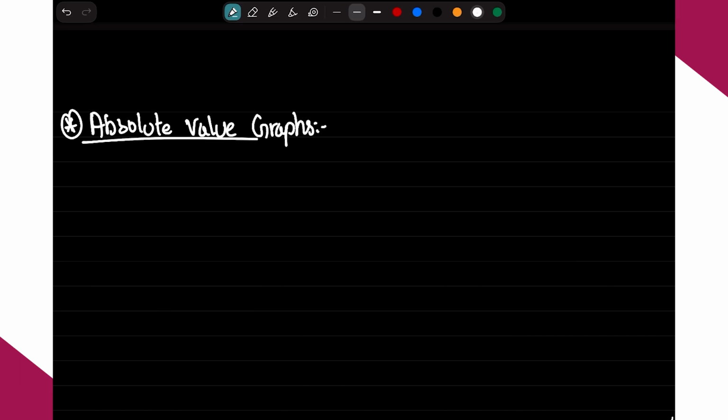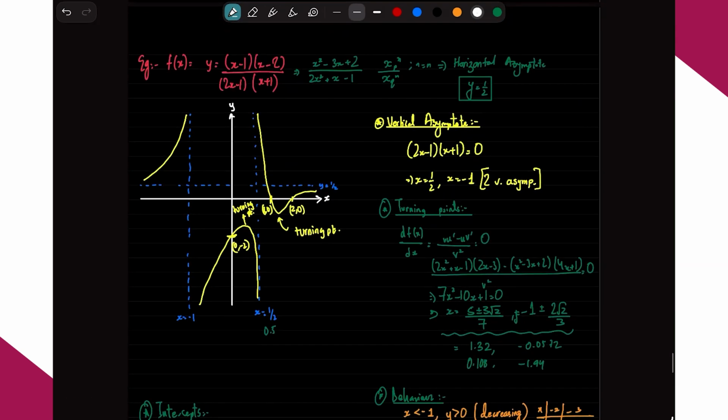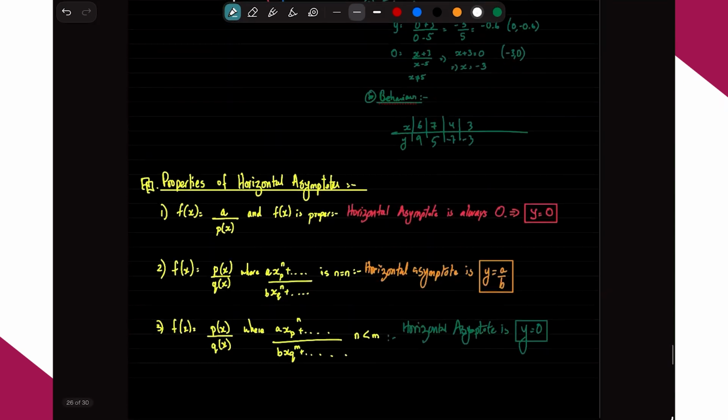But I think it's also important that before I show you what that is, I want to show you the absolute values of rational functions, or absolute value graphs. So basically, absolute value graphs. Now, this is actually pretty easy.